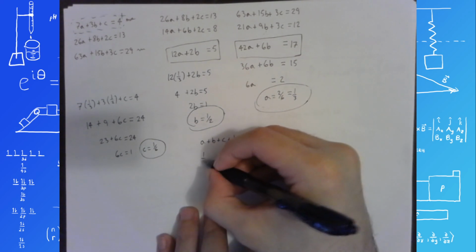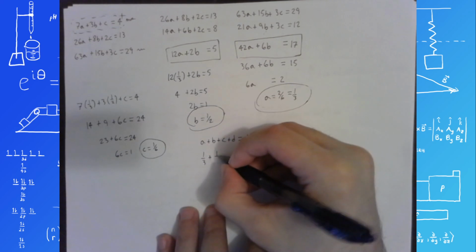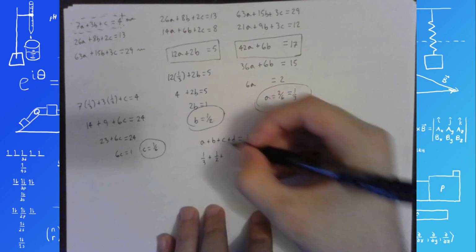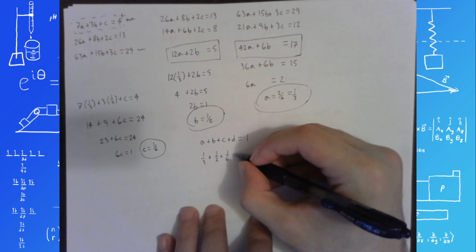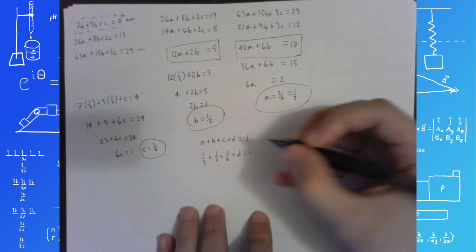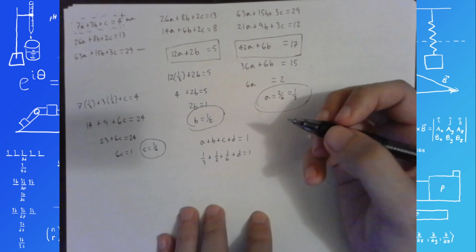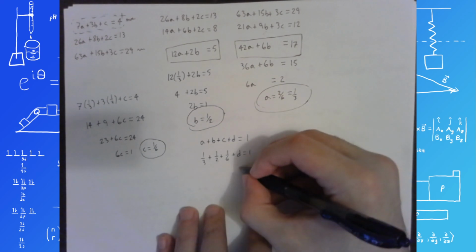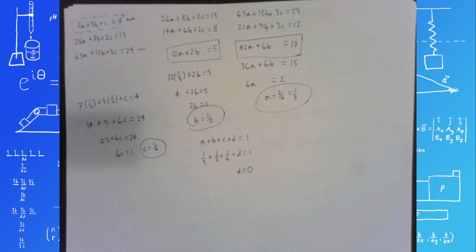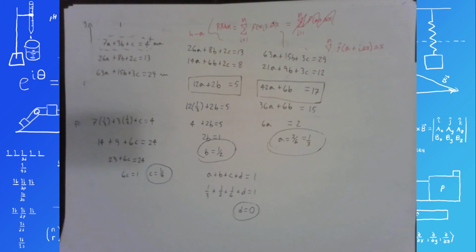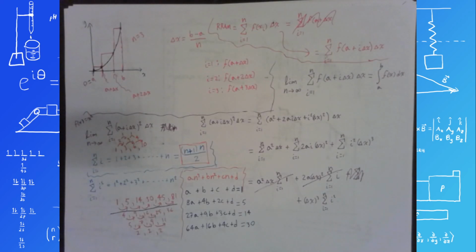Let's see, 1/3 plus 1/2 plus 1/6 plus d equals 1. 1/3 and 1/6 is 1/2, and 1/2 and 1/2 is 1. So 1 plus d equals 1, d equals 0. Okay, so we got d equals 0 the hard way. But now we actually have our formula. Now we have a, b, c, and d.